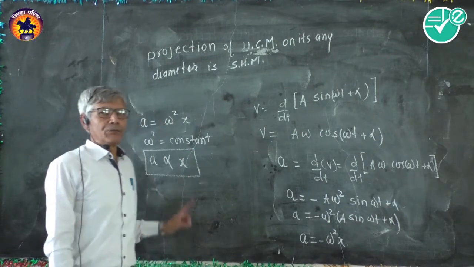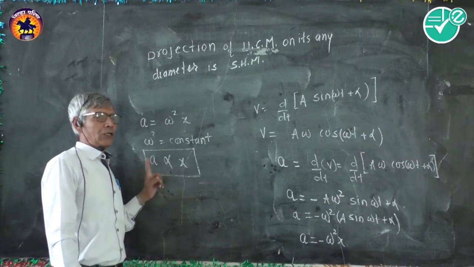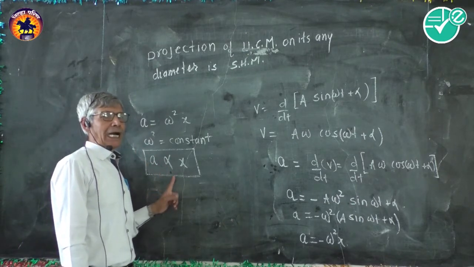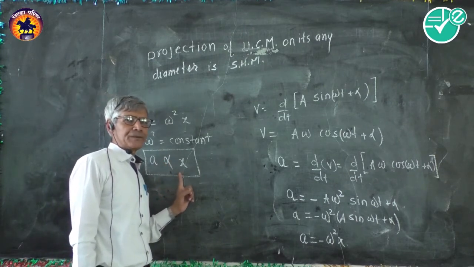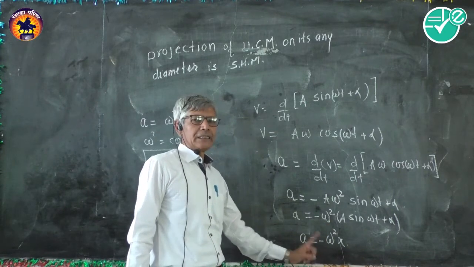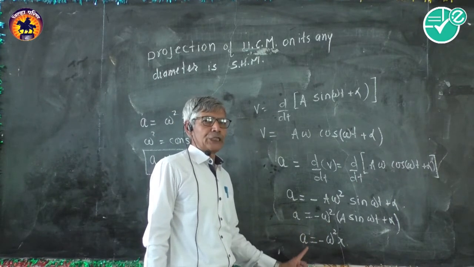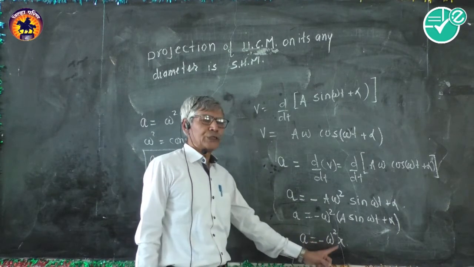So from this equation we can conclude that the instantaneous linear acceleration of the projection in magnitude is directly proportional to its displacement from the mean position. And the negative sign in this equation indicates that this linear acceleration of the projection and its linear displacement from the mean position are always oppositely directed.